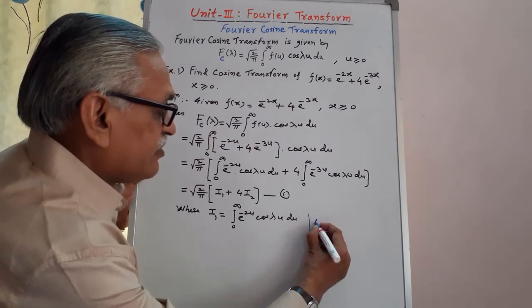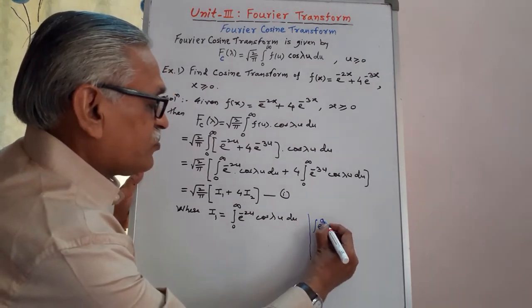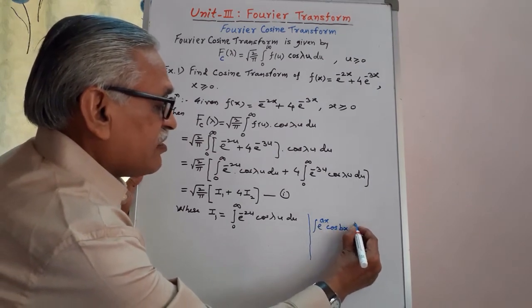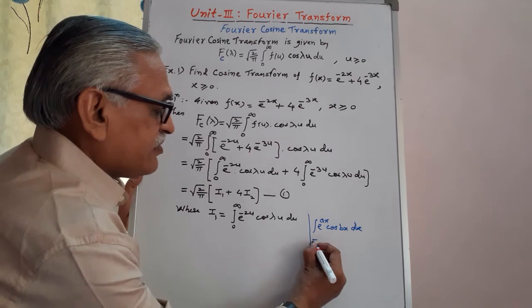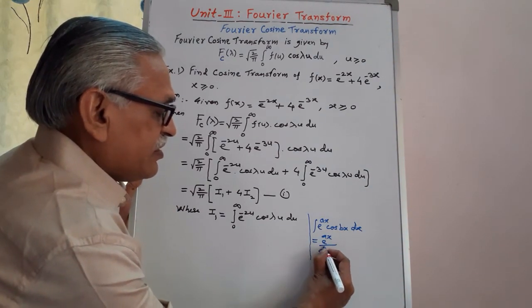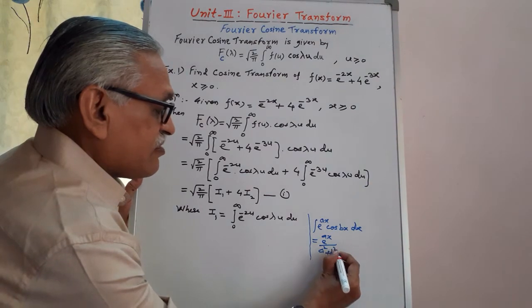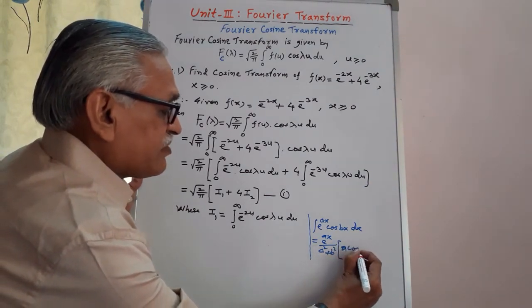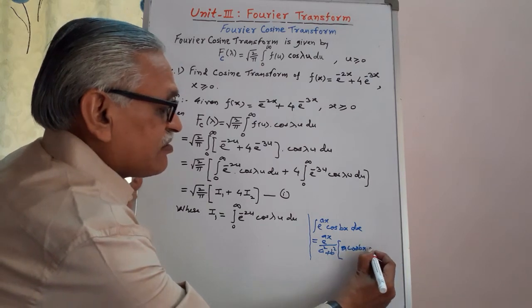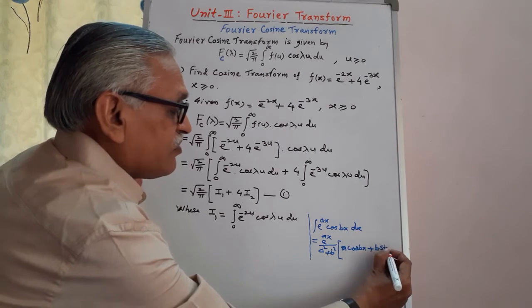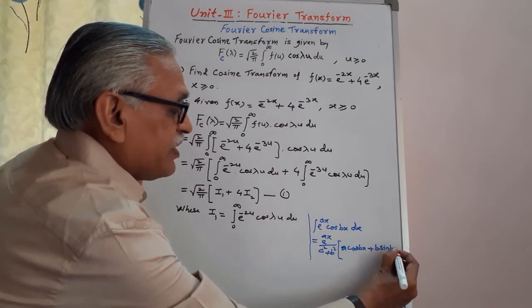We know that integration of e raised to ax cos of bx dx is e raised to ax divided by a square plus b square in bracket a cos bx plus b sin of bx.